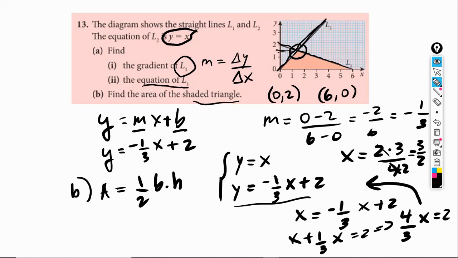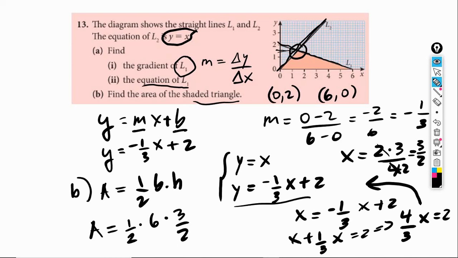Okay, so now we have everything necessary to find the area of the triangle, because A is going to equal 1/2 the base, so 1/2 times 6 times the height, which we saw is 3/2. So let's leave it as 3/2 and see what happens.